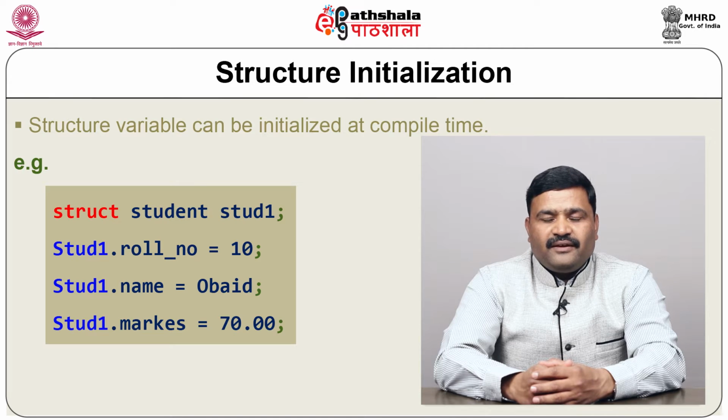If you want to display this information on the computer screen, then you need to write student1.name, student1.roll number, student1.marks. Then the results are displayed: for student1.name, Obed will be displayed; for student1.roll number, the roll number will be displayed; for student1.marks, 70.0 will be displayed.